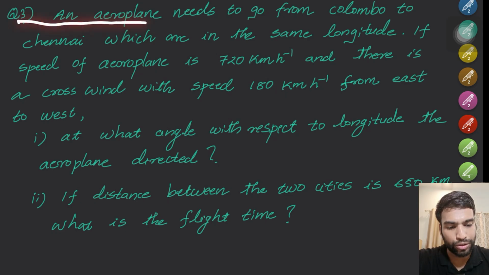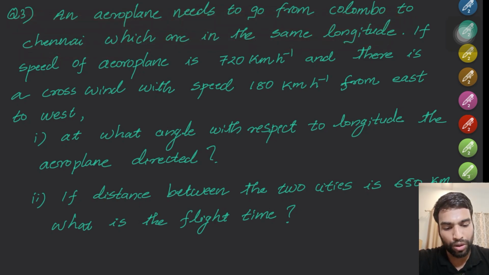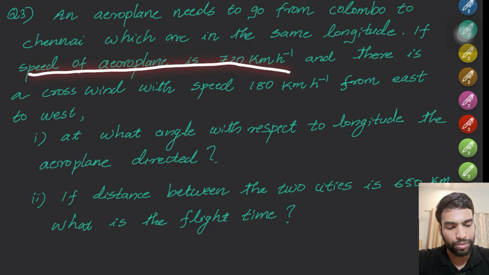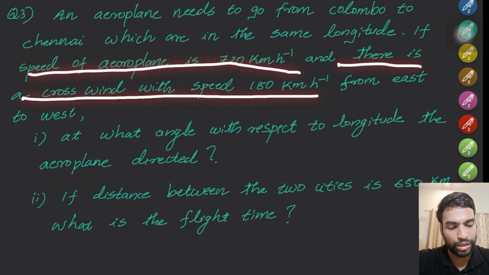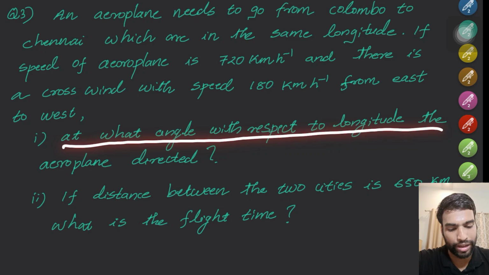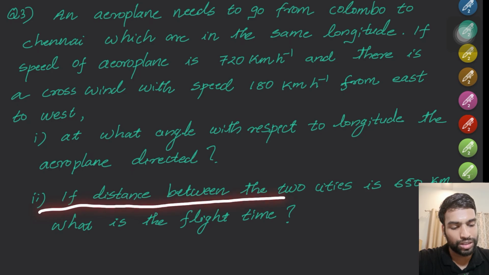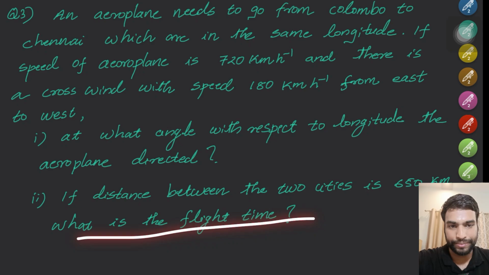An aeroplane needs to go from Colombo to Chennai, which are in the same longitude. If the speed of the aeroplane is 720 km per hour and there is a crosswind with a speed of 180 km per hour from east to west, at what angle with respect to the longitude should the aeroplane be directed? And the second part is, if the distance between the two cities is 650 km, what is the flight time?